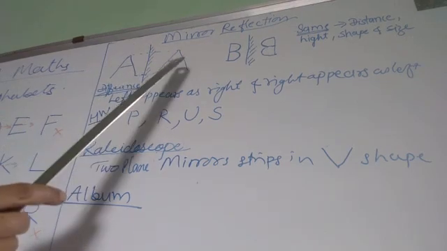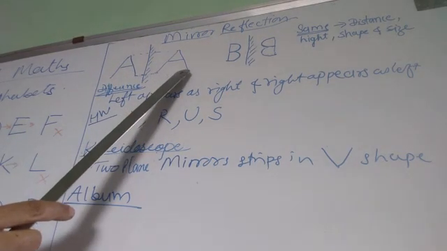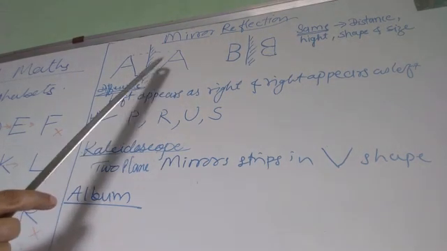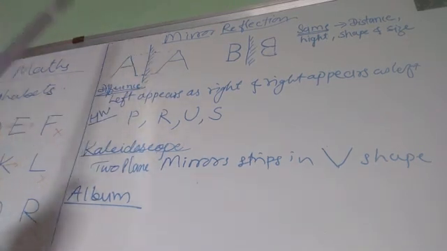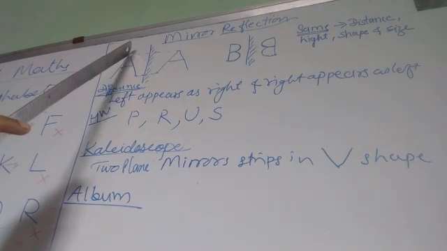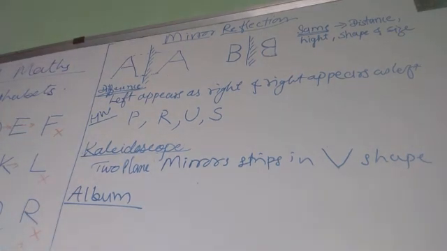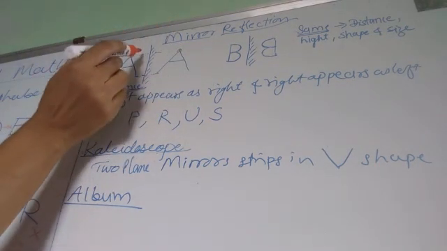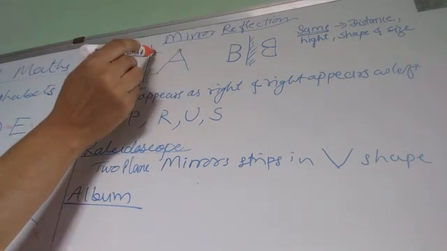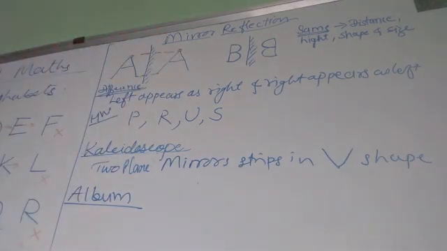So the image of the letter A is formed here like this. Now from here you can see this is the actual one and this is the image. Where the image is formed here, we can see now image of this tip of the A is formed here. How far this tip is from the mirror, at the same distance the image will form.